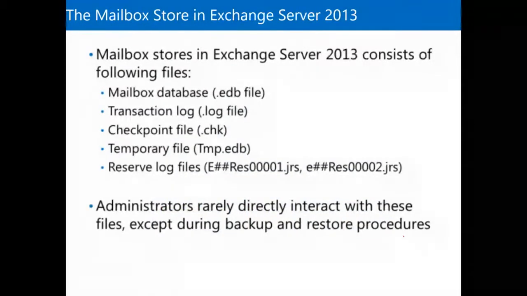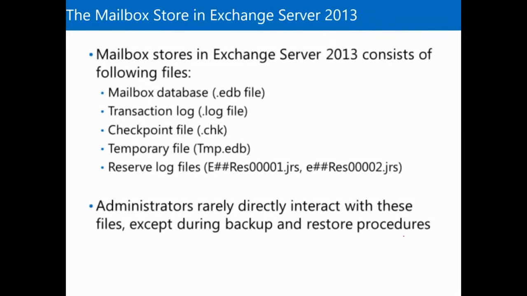So the mail stored in Exchange Server 2013 consists of the following files. We have the mailbox database with the extension EDB, the transaction log with the extension LOG, the checkpoint file, CHK, the temporary file, TMP.EDB, and the reserve log file with the extension JRS.